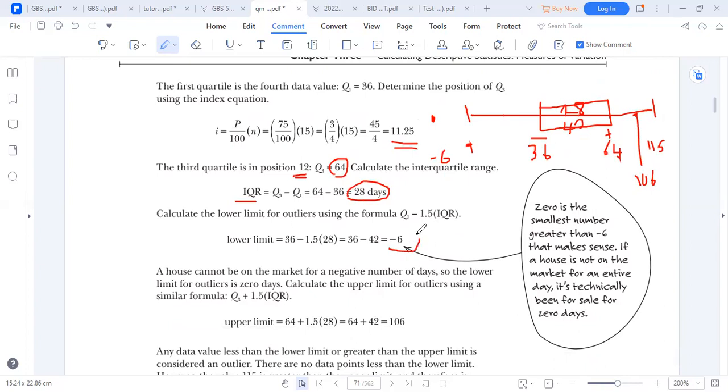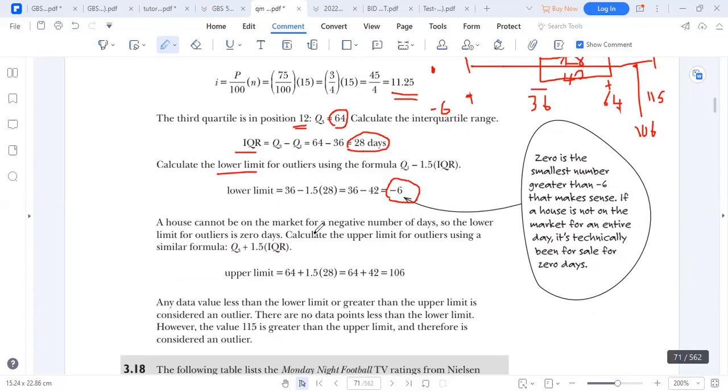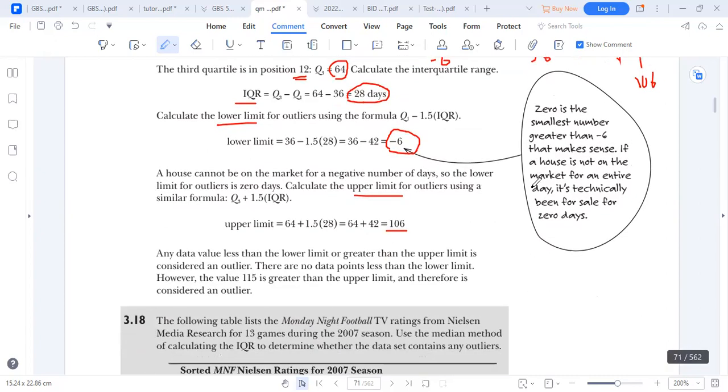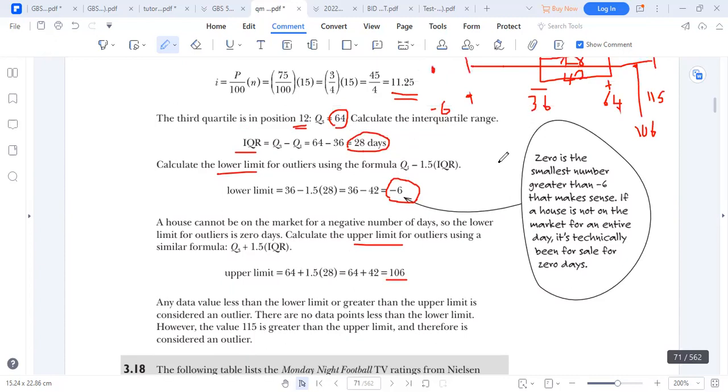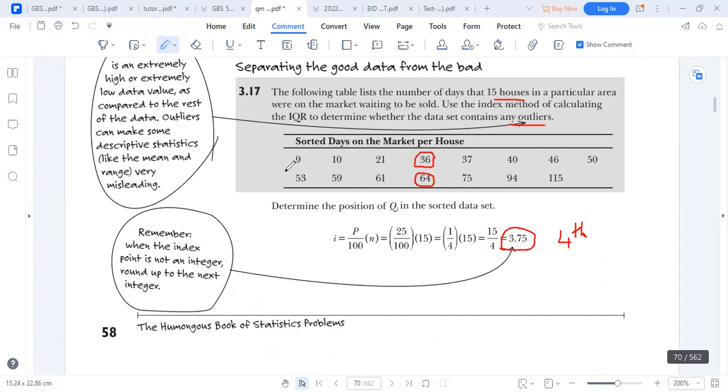So these are the figures. These are called the extreme values. So the lower limit, Q1 minus 1.5 IQR, is -6. The upper limit is 64 plus 42, we get 106. So any numbers outside that range, our range is between -6 and 106. So you identify in here, -6 and 106, only this one stands out.